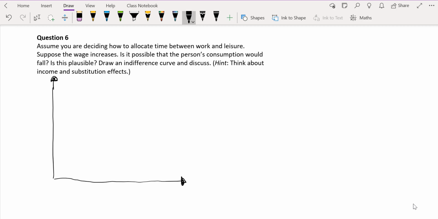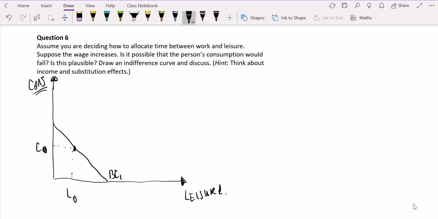Now, in theory, this is what happens. So let's say this is our budget constraint 1. Let's say we were somewhere here, and originally this would be our leisure 0 quantity and consumption 0 quantity.